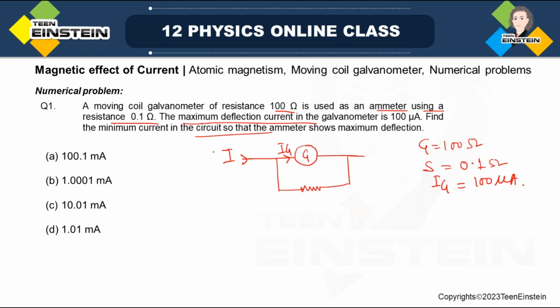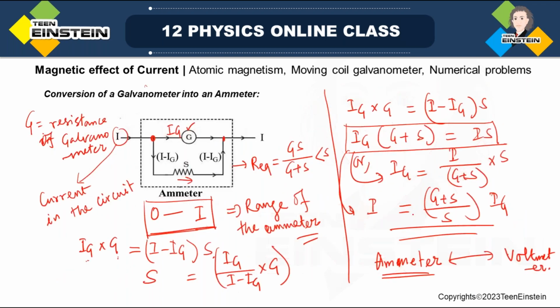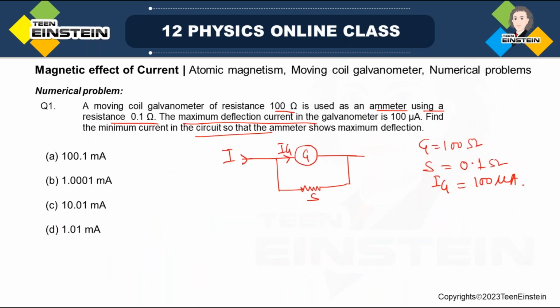So what was the formula? This S is given. I is equal to G plus S divided by S into Ig. Somebody can directly use it right from here itself without remembering the formula. How to do that?